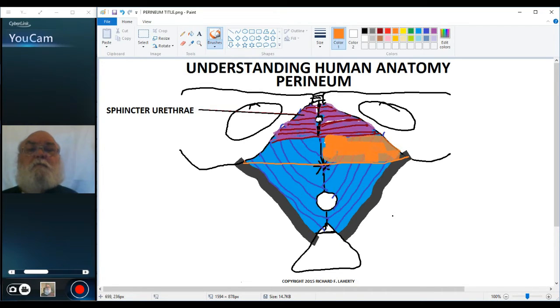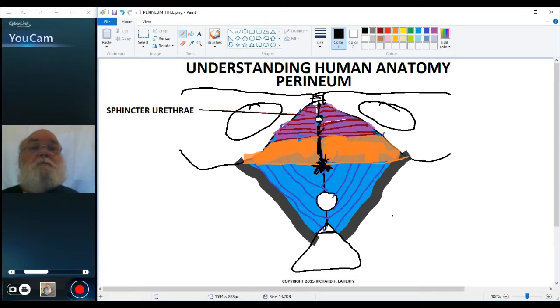And this is the deep transverse perineus muscle. It takes origin primarily from the ischiopubic ramus, and again it inserts on a midline raphe, and we'll just emphasize that raphe. Emphasize the perineal body right here.